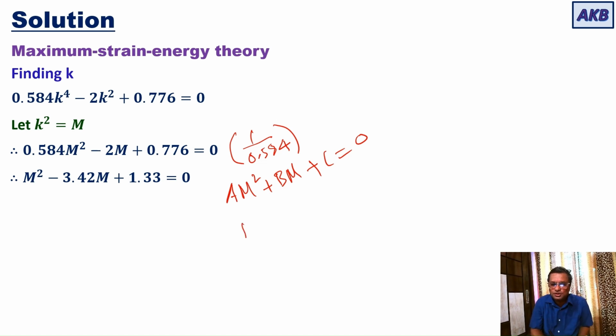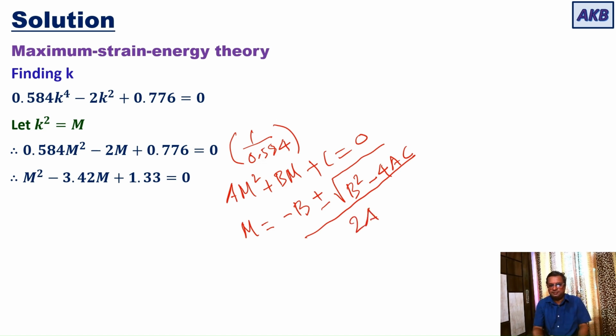And the root of this equation is given as m is equal to minus b plus minus under root of b square minus 4ac, divided by 2a. So I'm going to use this equation that gives the roots of a quadratic equation to get the value of m.